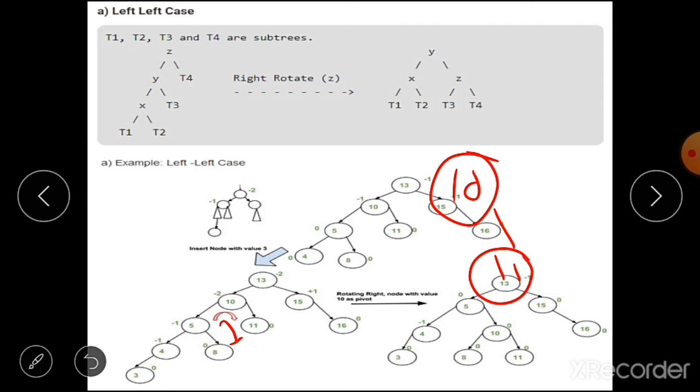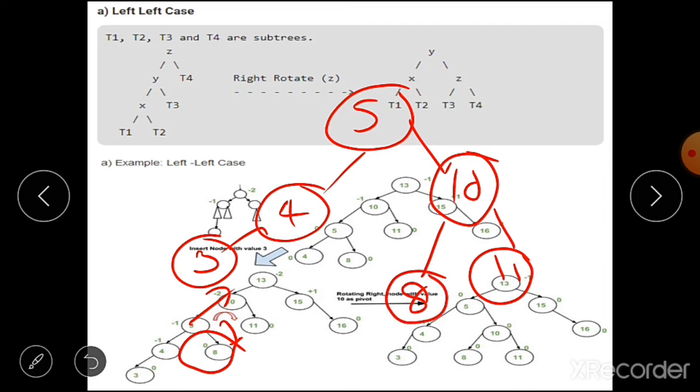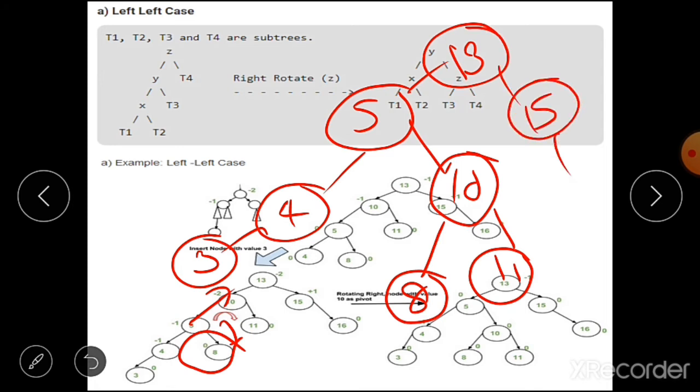Then 5 becomes the root. 5's left subtree is 4 and 3. Then 5's right subtree is 8, so it becomes the left subtree of 10. So the remaining are all the same. Here it is 13, then 15, then 16. This is the balanced tree.